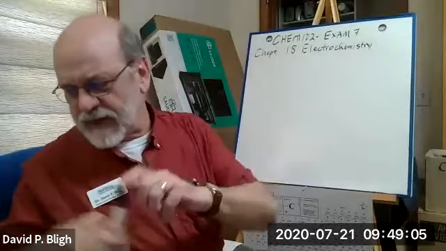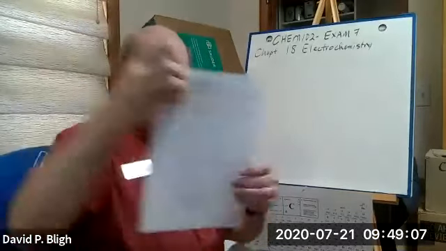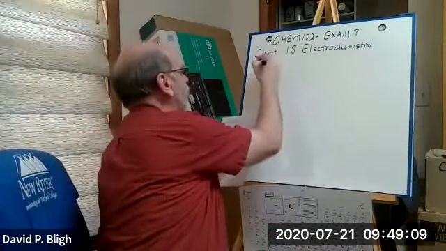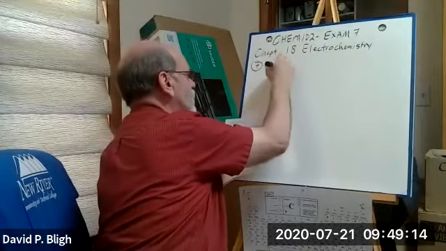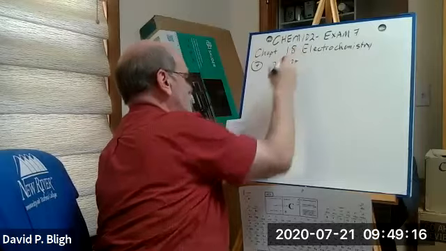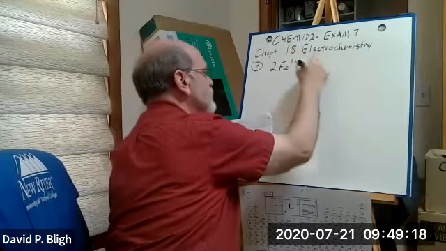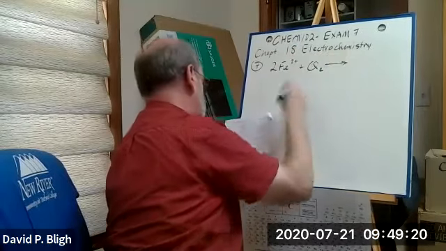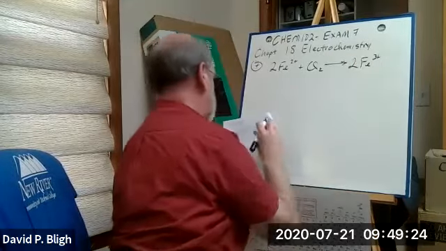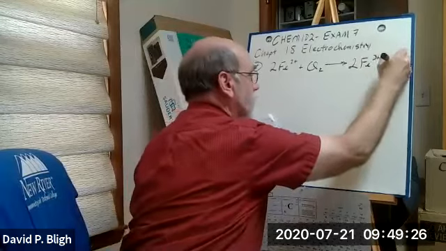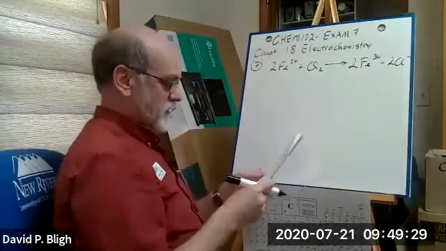So 7 says, for the redox reaction here, iron 2 plus yields 2 Fe3 plus and 2 chloride.